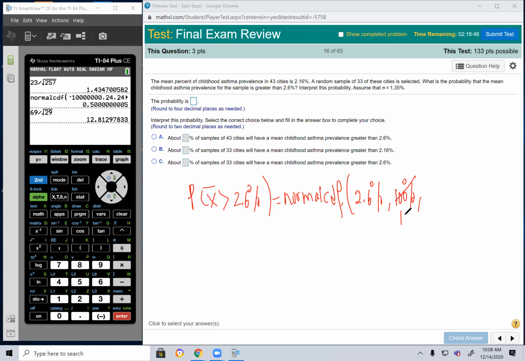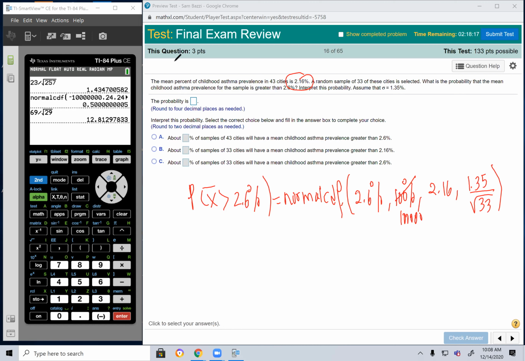So I can put a million, so not to confuse. And I'm not gonna use the percentages, so I'll just eliminate all the percentages. Put 2.6, a million. And then the mean is what? 2.16. You can see the mean right here. The standard deviation, he says 1.35, but it's not 1.35 in our case because we're working with the sample mean, divided by square root of the sample size, which is 33.